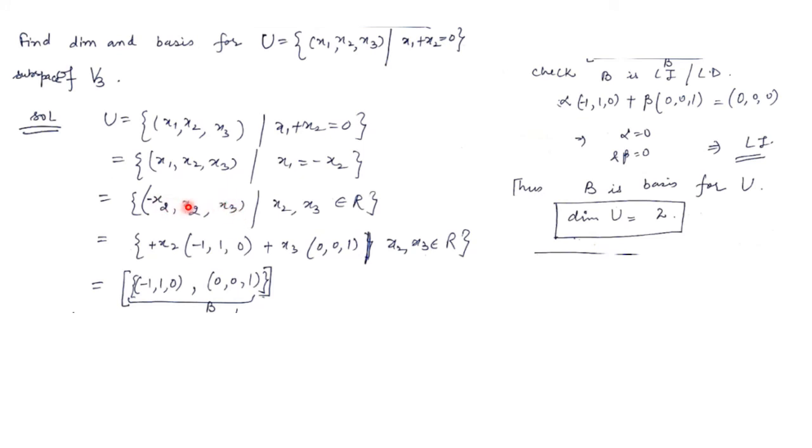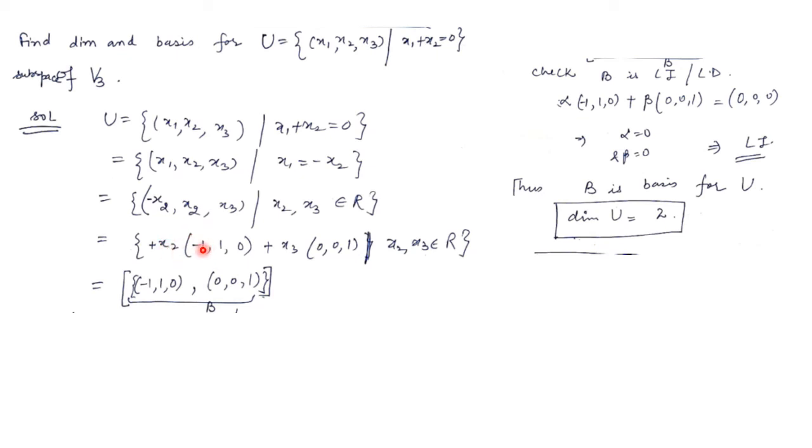So minus 1, 1, 0 times x2 plus, now take x3 to be common. What is the coefficient of x3 over here? 0. The coefficient over here is 0 and the x3 coefficient over here is 1. So you can take x3 to be common. This is 0, 0, 1. Once again see, you can take x2 inside.